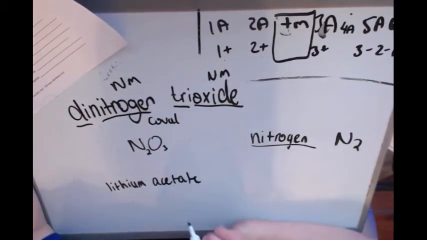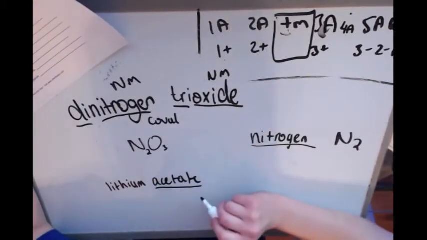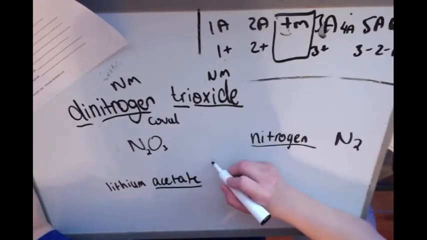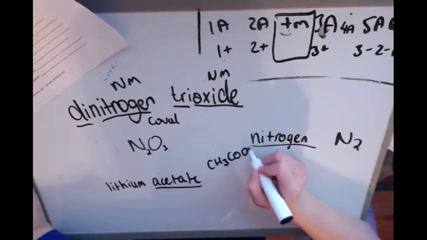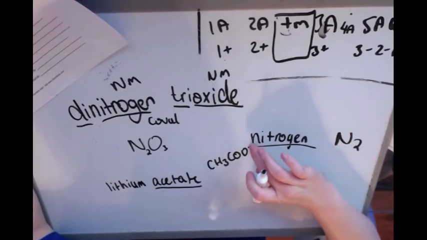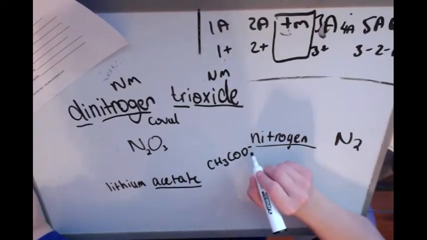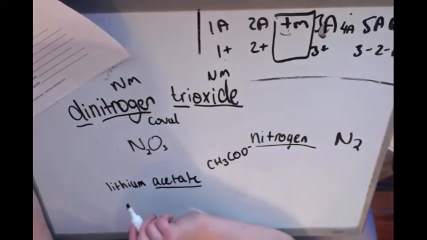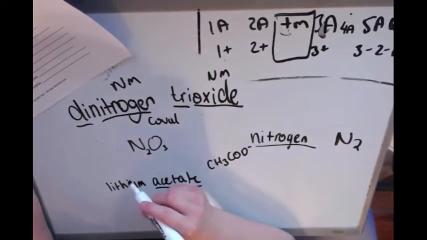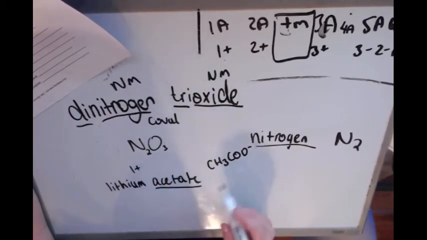And then you have lithium acetate. Acetate, that's one of the polyatomic anions you have to know. And you know that acetate is CH3COO, right? We talked about that. And notice that it has a negative charge, a 1- charge. Lithium is in the 1A column and has a charge of 1+. 1+, 1-.